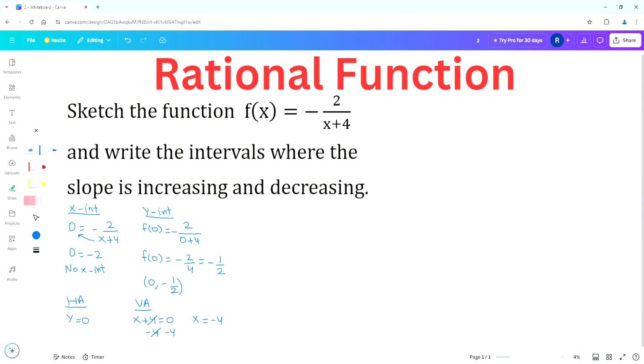Next, we should find the end behaviors for these two asymptotes. Let's start with the horizontal asymptote. For the horizontal asymptote, the end behavior is written like this.